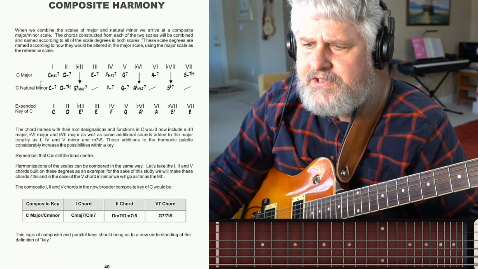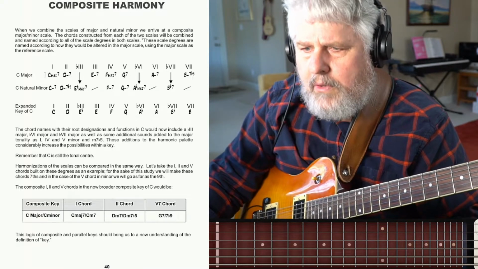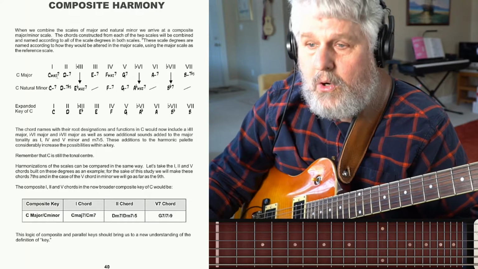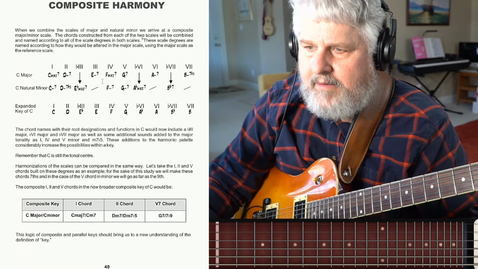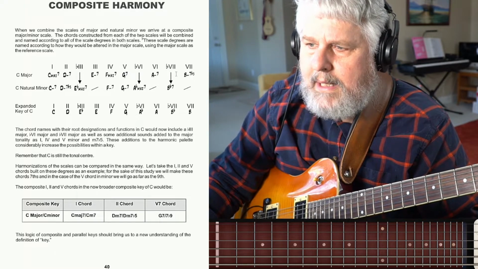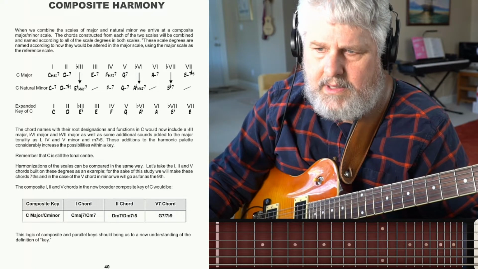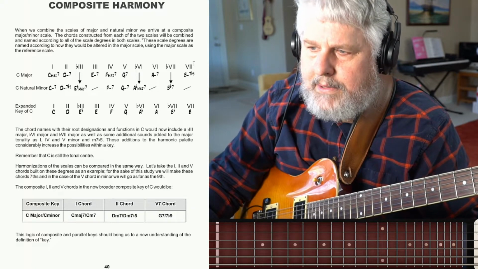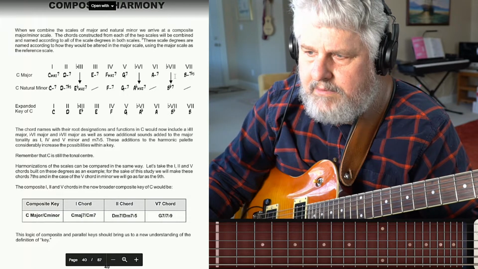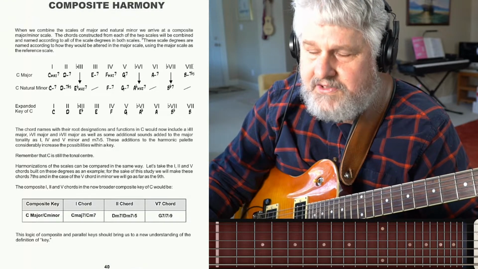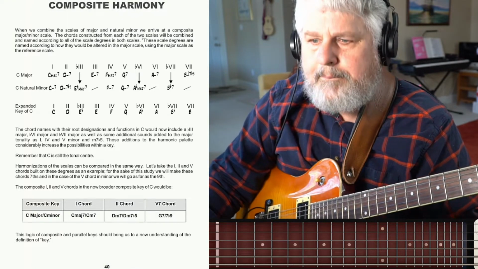So in the key of C major, the chords are C major, D minor, E minor, F major, G7, A minor, and B minor 7 flat 5. You'll notice that the minor 7 flat 5 in the key of C major is the 7 chord in the key, right?